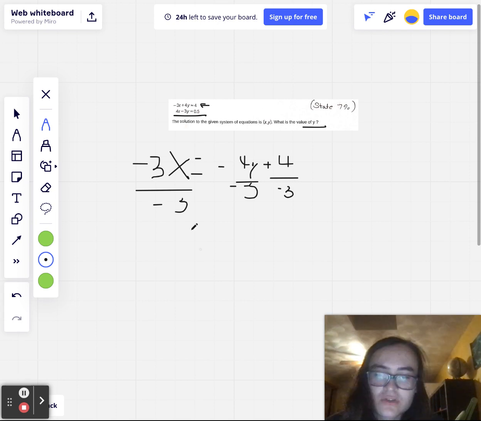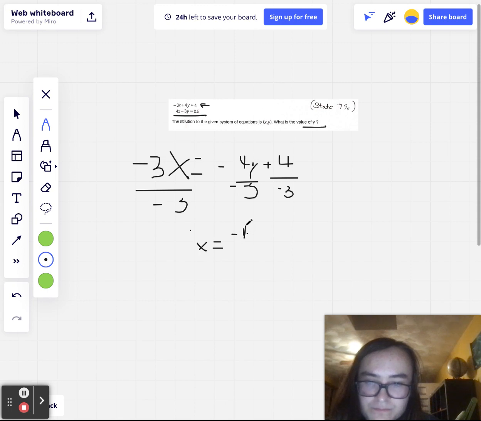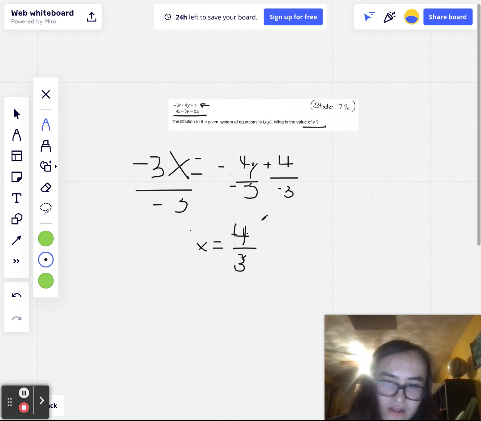So then now that we have x isolated, we can put this value of x into the other equation. And you'll notice here that I've removed the negative signs because they cancel out here.